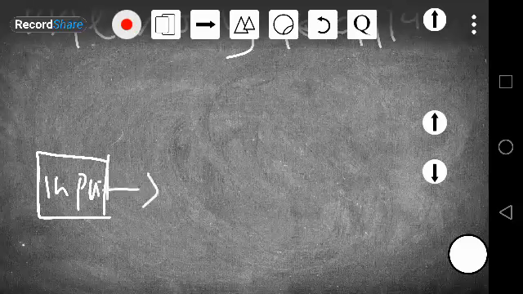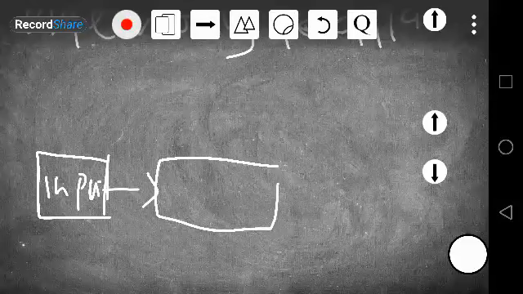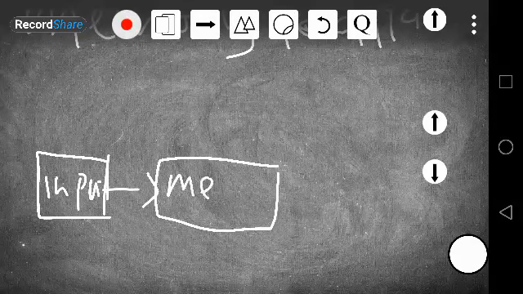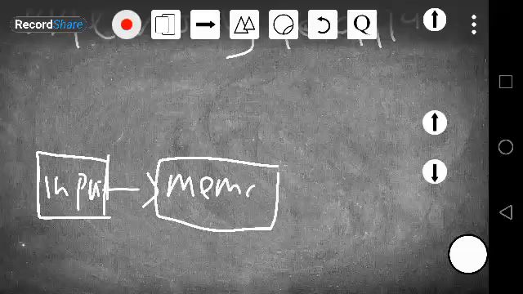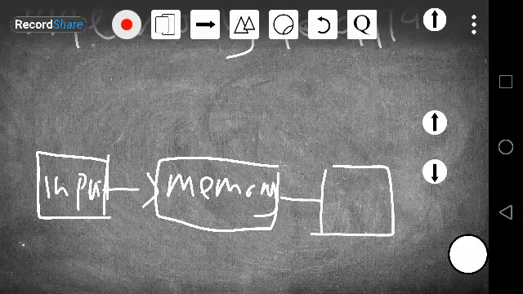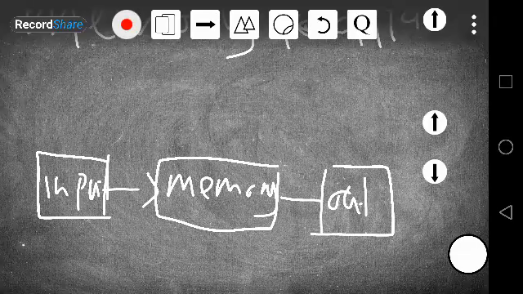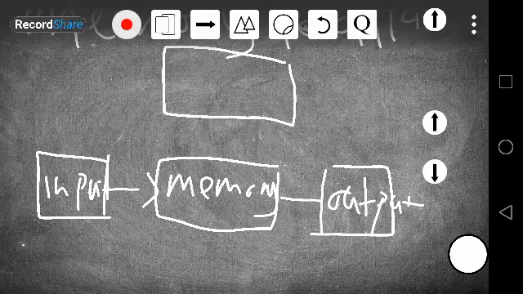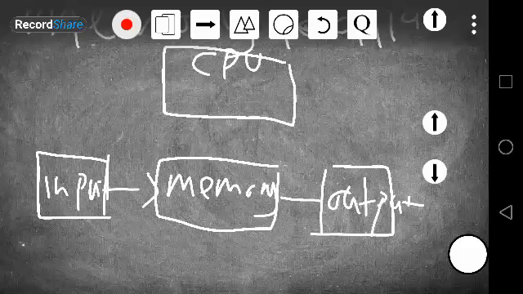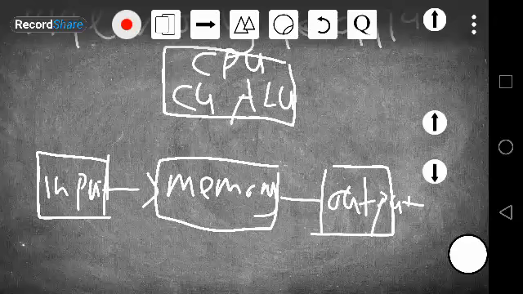From input we go straight to the memory, and to the output, and here is the CPU, which comprises the control unit and the arithmetic logic unit.